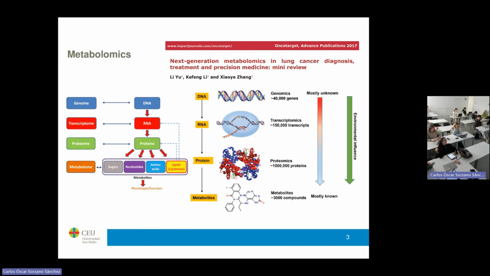These genes are translated into a larger number of transcripts, and then these transcripts are translated into about 100,000 to a million proteins, somewhere in that order. And then metabolites are relatively few, only about 3,000 different metabolites.